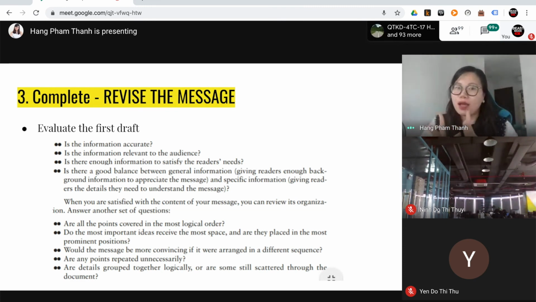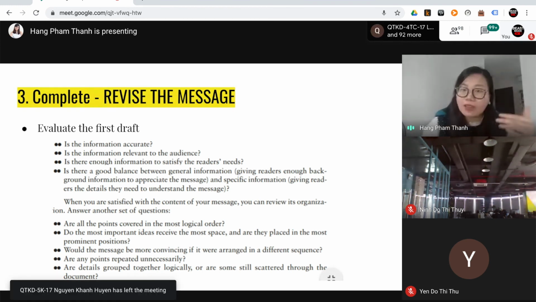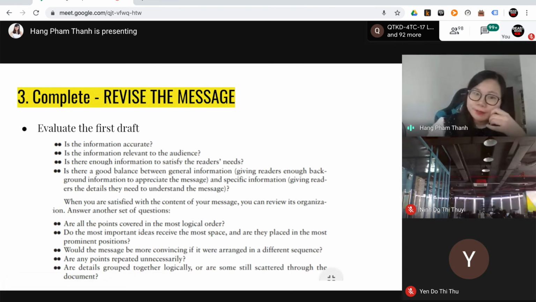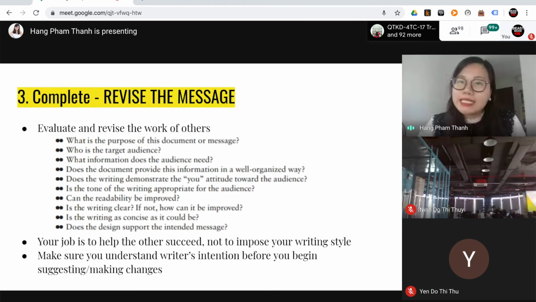Do the most important ideas receive the most space, and are they placed in the most important positions as well? All the questions here are like a checklist, so you can have a look and think about them before completing your message.